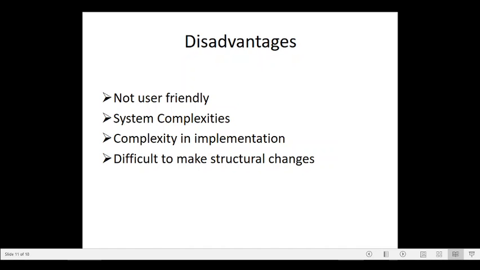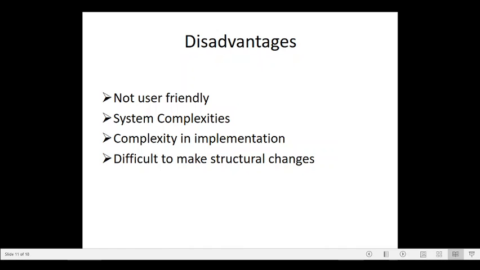Since the data access method in the network database model is a navigational system, making structural changes to the database is very difficult in most cases. So it suffers from difficulty in making structural changes. Though the network model is a better model compared to the hierarchical model, it's an improvised model introduced owing to the drawbacks of the hierarchical model.